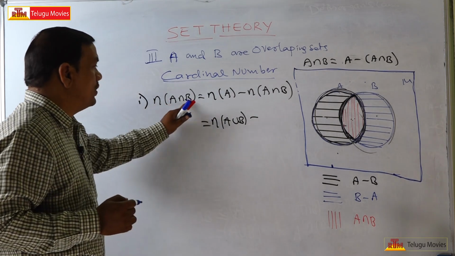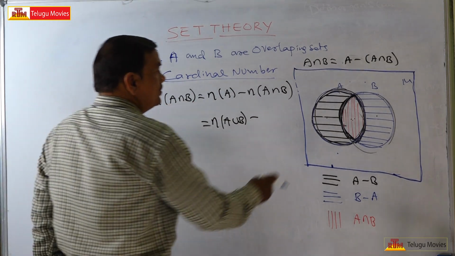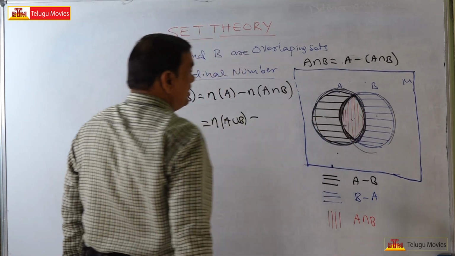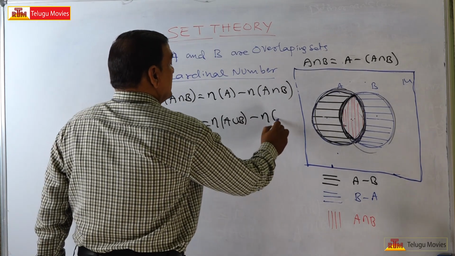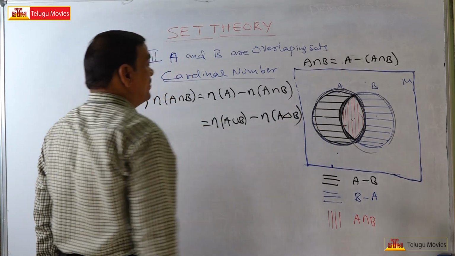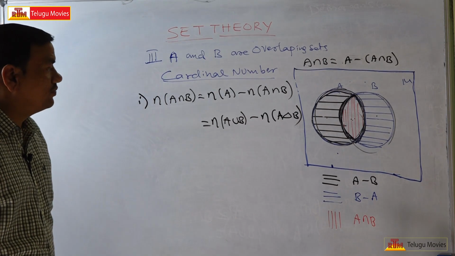If you want to find A intersection B, so this is A minus B union B minus A. You can call it A delta B, n of A delta B. Like that also you can find it out.